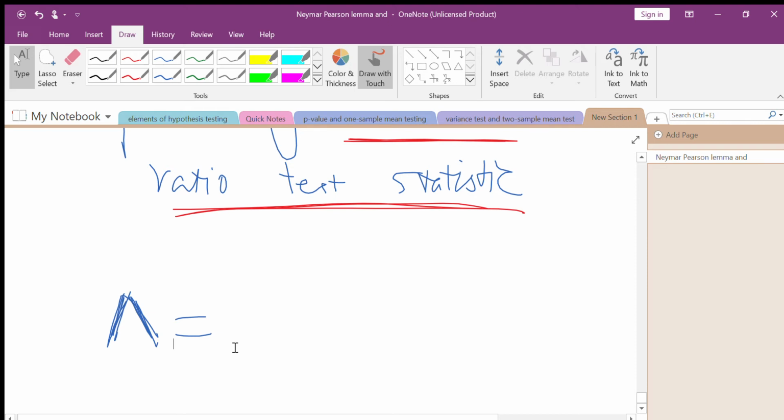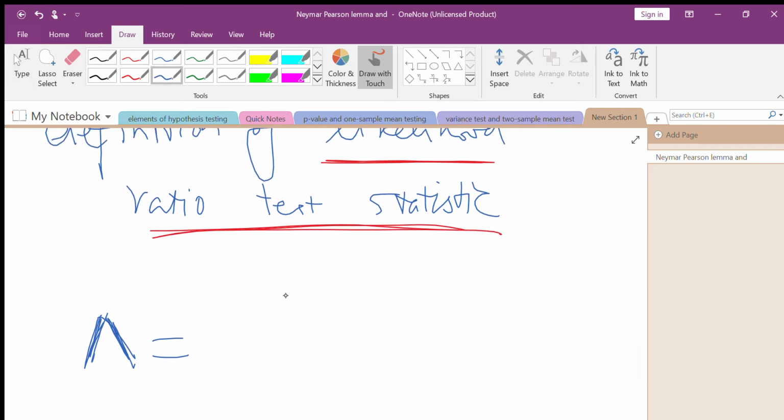The numerator is the supremum over theta from the parameter space for the null hypothesis, of the likelihood function evaluated at theta.